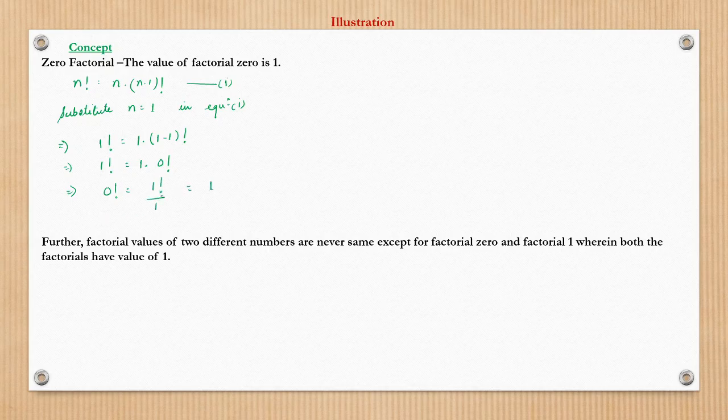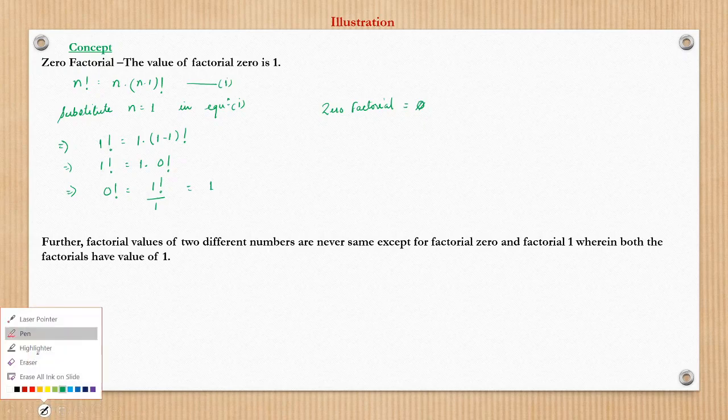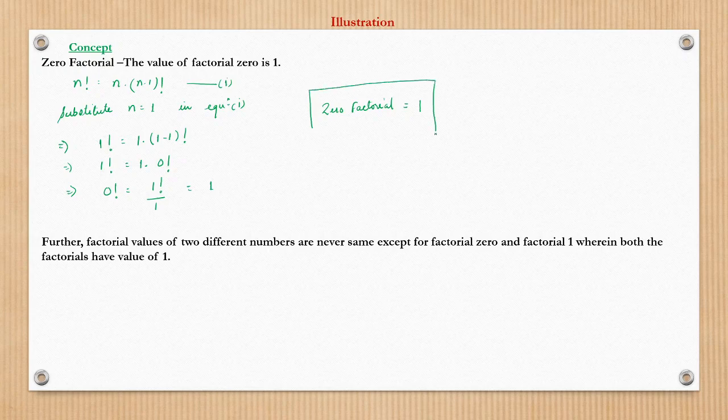So therefore, I can write that 0 factorial is 0. Sorry, is 1. So 0 factorial is 1. So this is a standard result which we should remember.